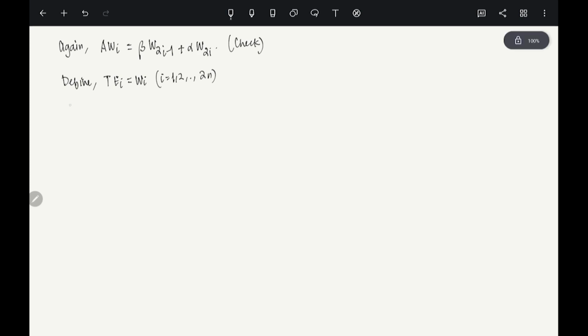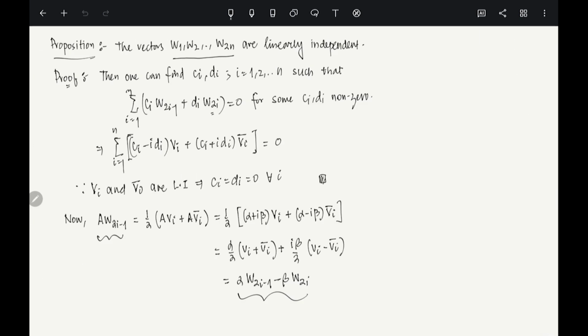So you see the matrix T has columns W1, W2, ..., W2n. And we just showed that W1, W2, ..., W2n are linearly independent, right?